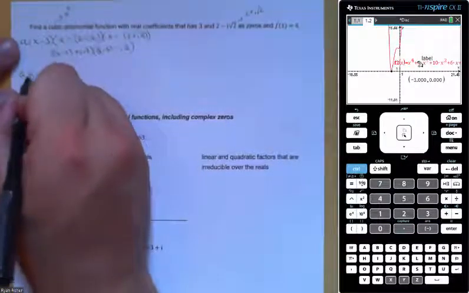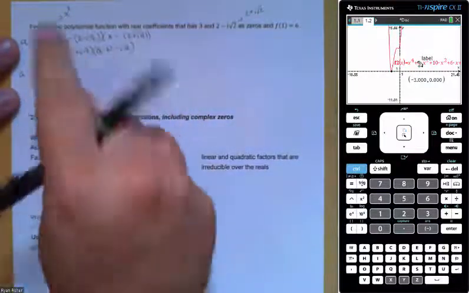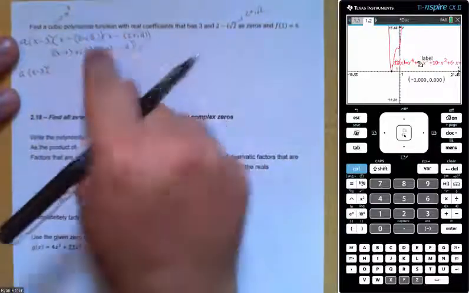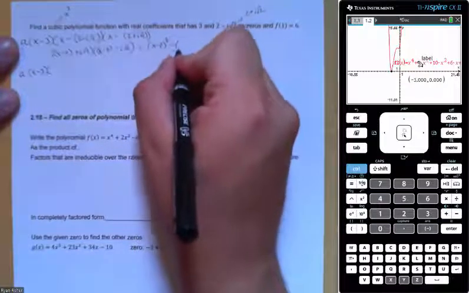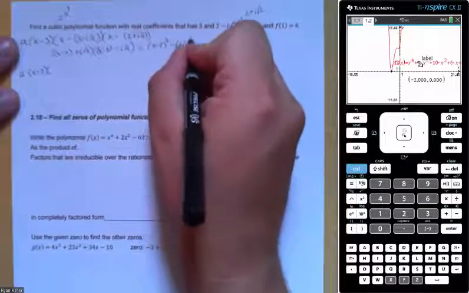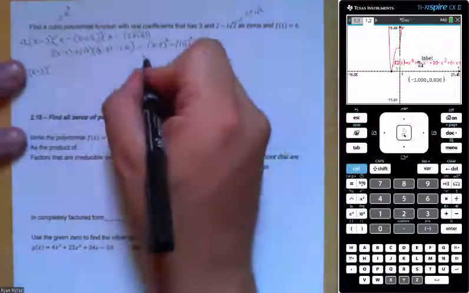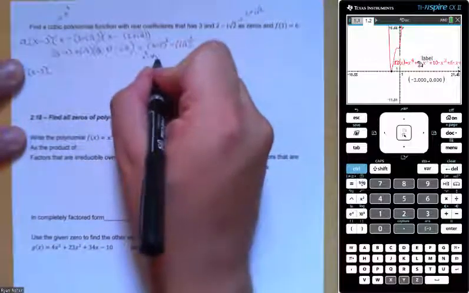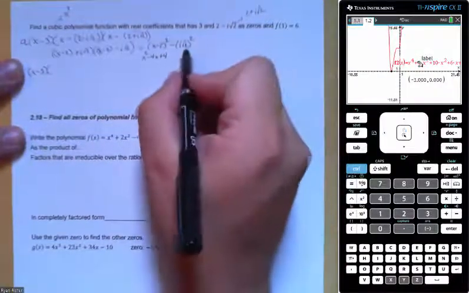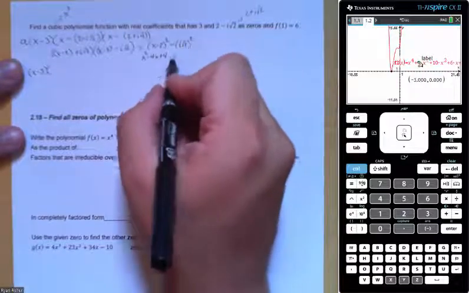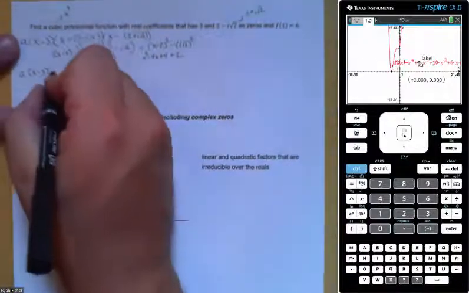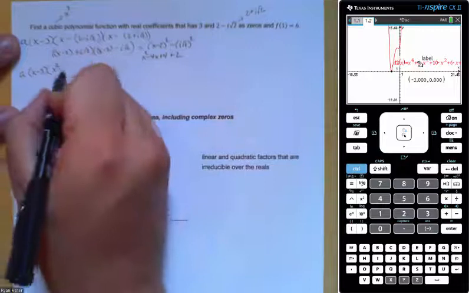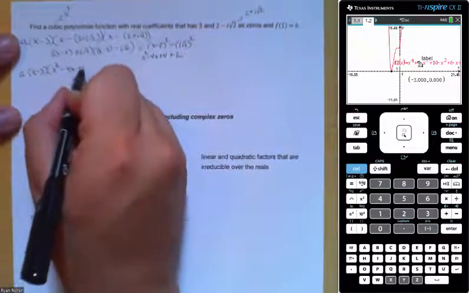So this difference of 2 squares is x minus 2 squared minus i root 2 squared, which is x squared minus 4x plus 4 minus 2i squared, or minus negative 2, or plus 2. So this is x squared minus 4x plus 6.